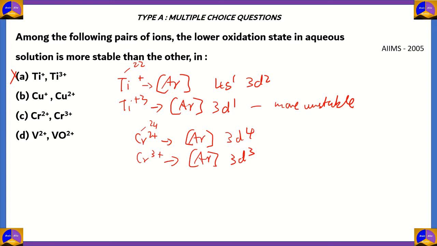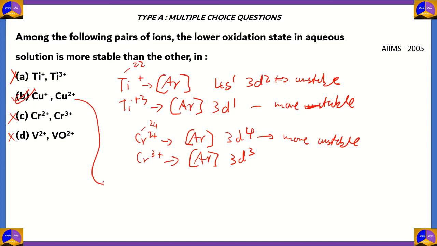So over here 3d4 is more unstable. Over here Ti3+ is stable, Ti+ is unstable. But still option C is incorrect. If you look at option D, V2+ and VO2+ will not give you a stable oxidation state, so therefore option D is also incorrect. So that means option B is correct.